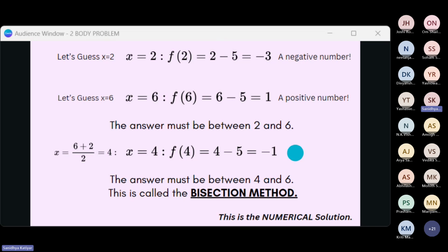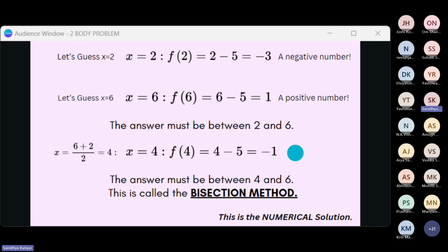So let's talk about numerical methods in detail, as numerical methods play a crucial role in simulation across various fields of science, including physics, astronomy, fluid dynamics, and more. What we'll be doing is solving the differential equations required for the two-body problem using numerical methods.